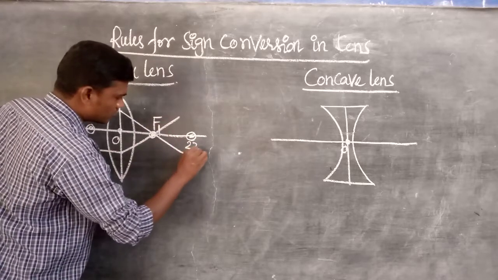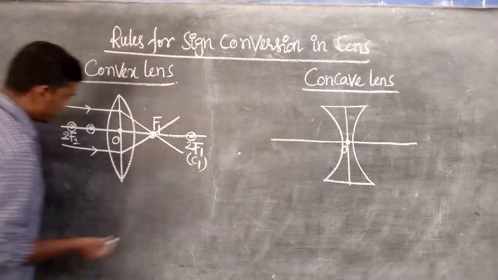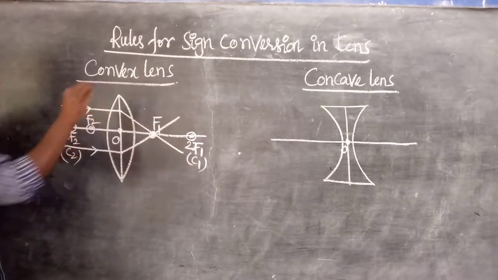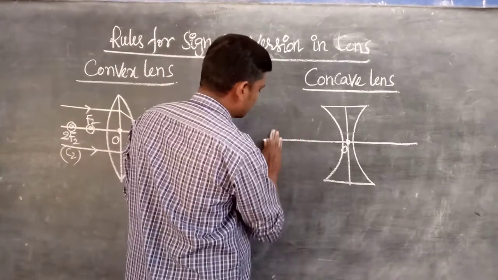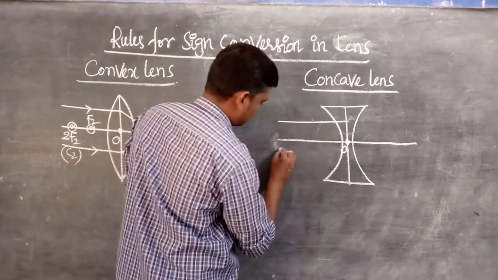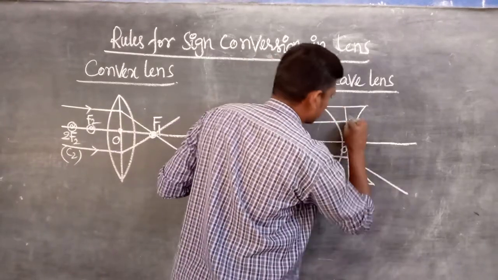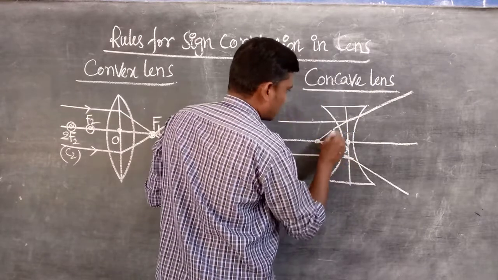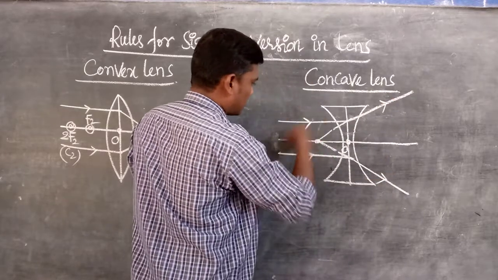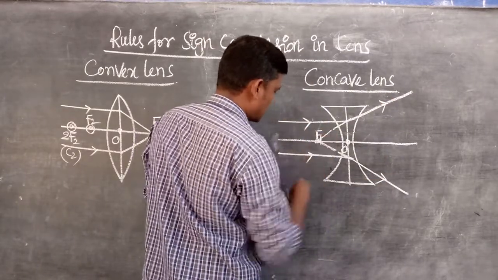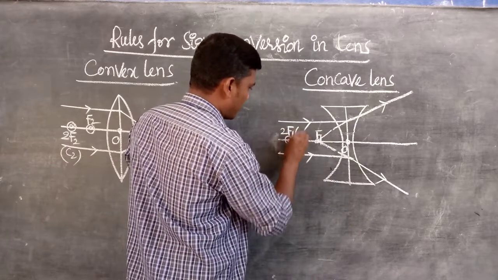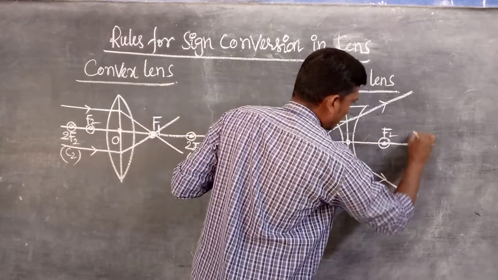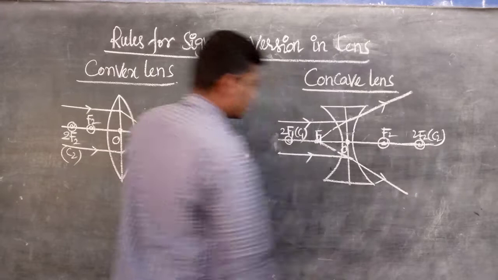This is F1, F1 or C1, and this is C2, and this is F2, very clearly. This side also has F1 to F1 or C1, and F2 to F2 or C2.